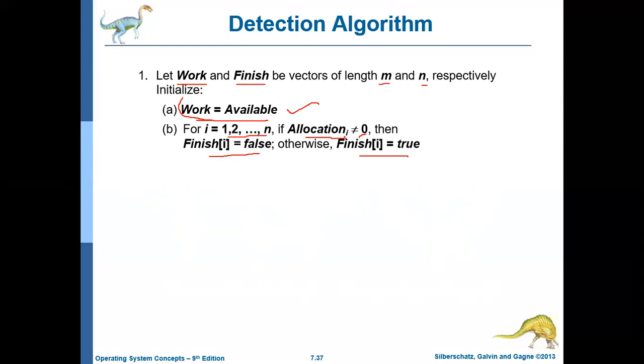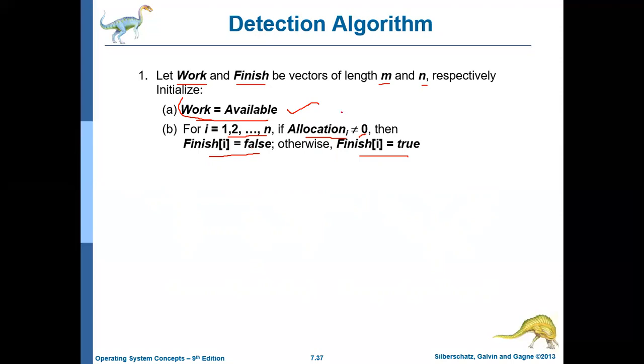Allocation of I will be equal to 0 only if the process has completed execution. Otherwise, it will have some resource, right? So if some resource is already allocated, then the process is working using that resource and doing some task, so it has not finished. So finish is false.